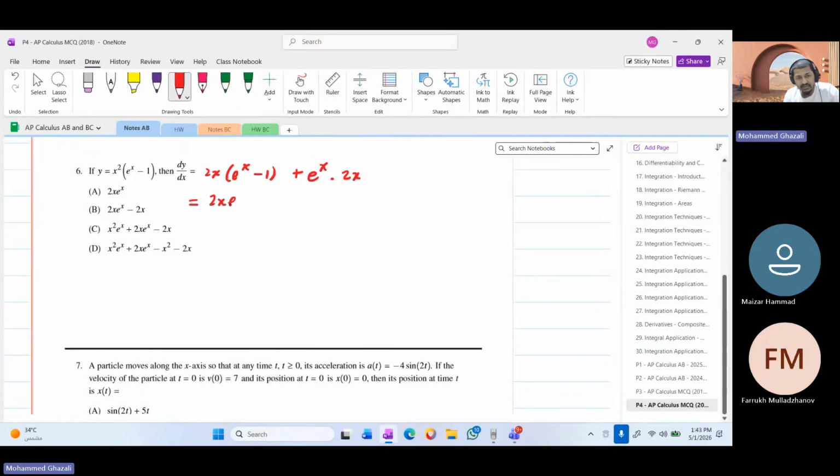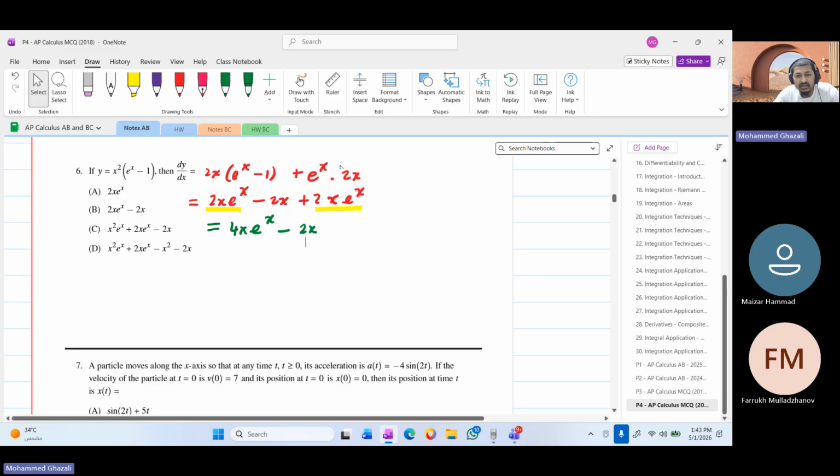So you got 2x e to the power x minus 2x plus 2x e to the power x. Now remember, these things are common, 2x e to the power x and 2x e to the power x, okay? So that will be 4x e to the power x minus 2x. 4x e to the power, they don't have it here.